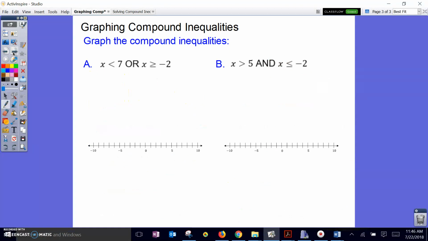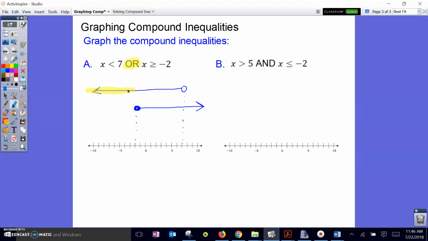A few tricky examples on the end here. x is less than 7 or x is greater than or equal to negative 2. There's x is less than 7. Here's x is greater than or equal to negative 2. And what makes this different? This is an "or," so we want to graph anywhere where one of these inequalities is true.